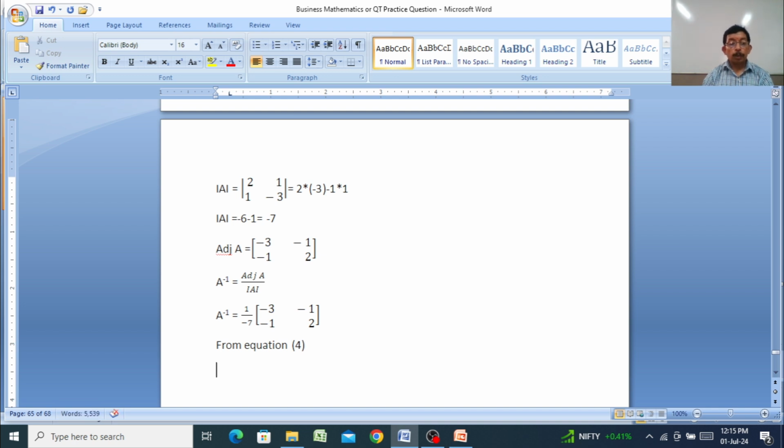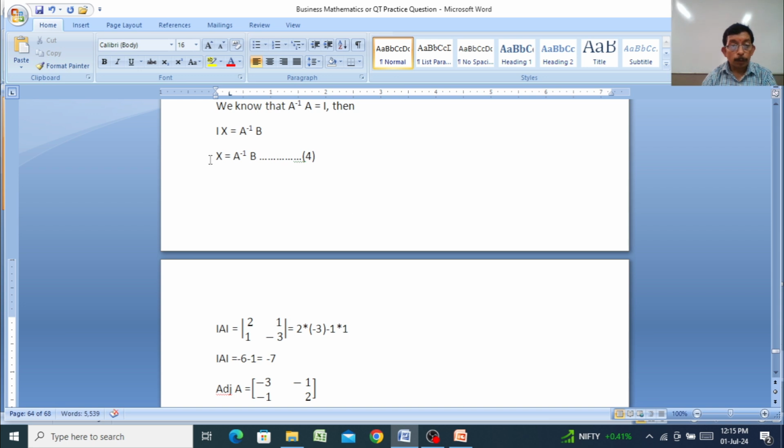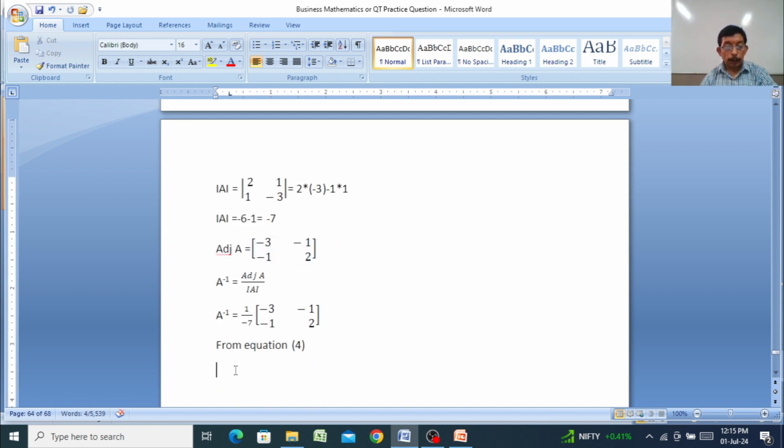In equation 4, x is equal to A inverse B. Put the value of A inverse from here.